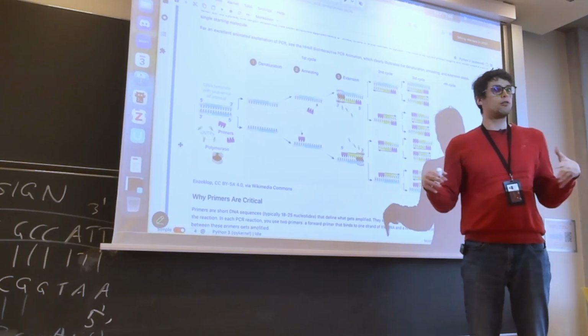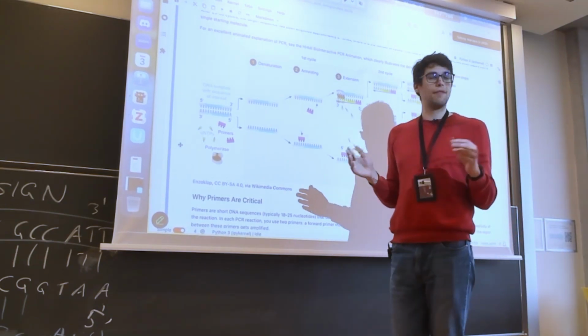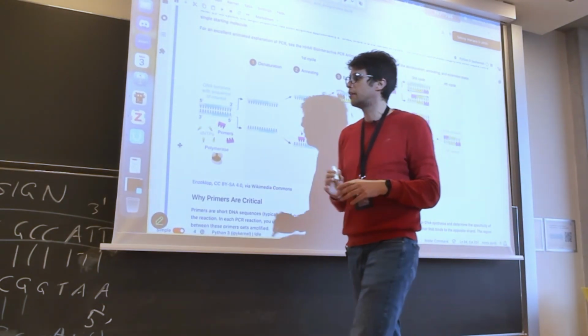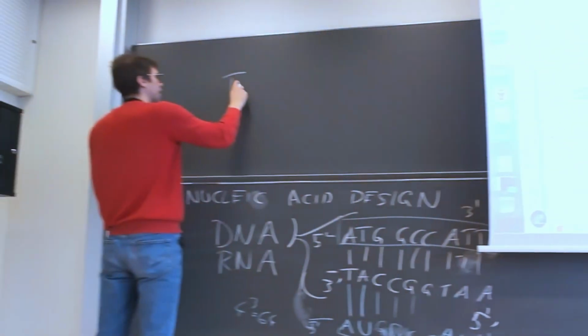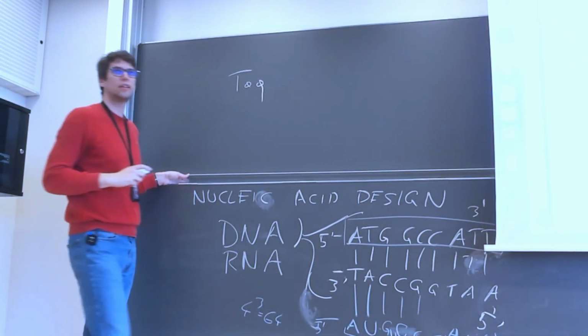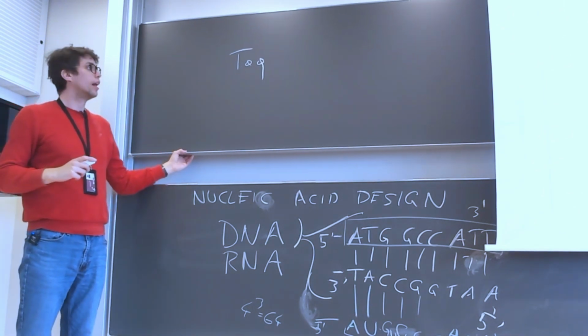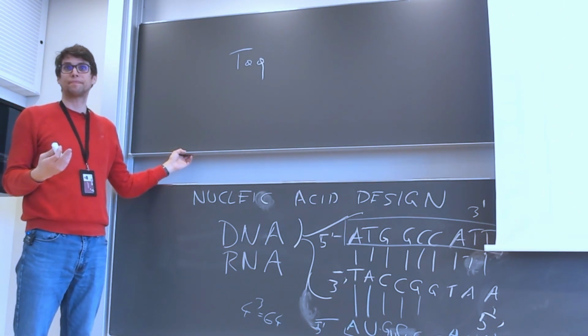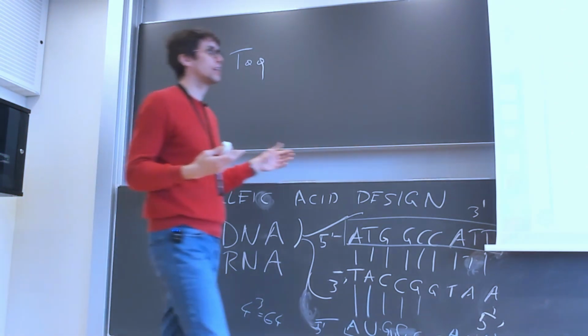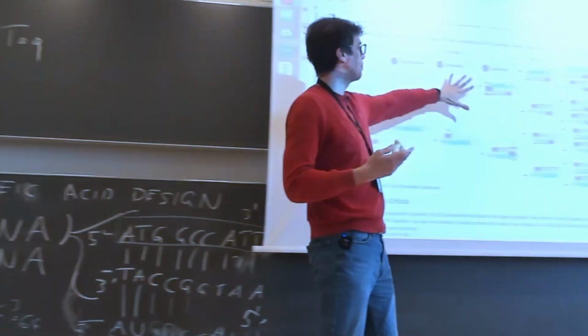All cells have that. E. coli have that. Other organisms have that. And here's a very specific one, what's called the Taq polymerase. Taq is a specific organism that can live at high temperatures. So its polymerase can live in the high temperatures that we're doing here.